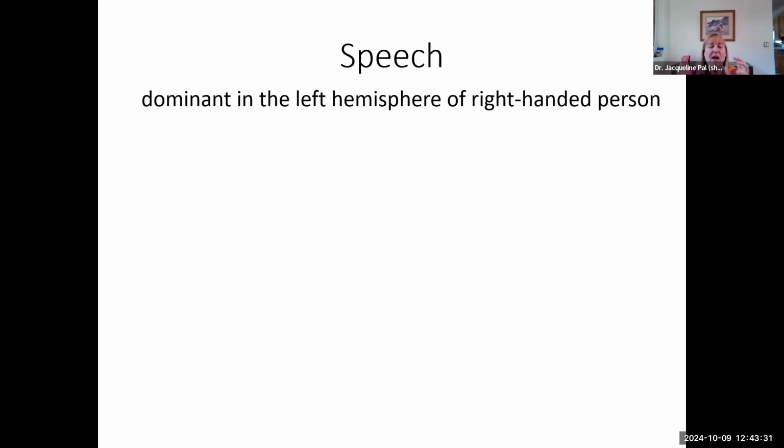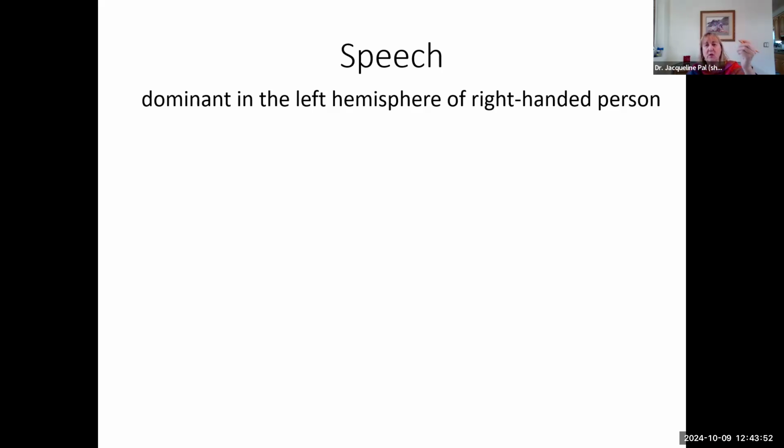And I want to talk about the 90% of people who are right-handed. So if you hold a pencil in your right hand, you are right-handed. And 90% of people are right-handed, which means speech is dominant in the left side of your brain. Okay.